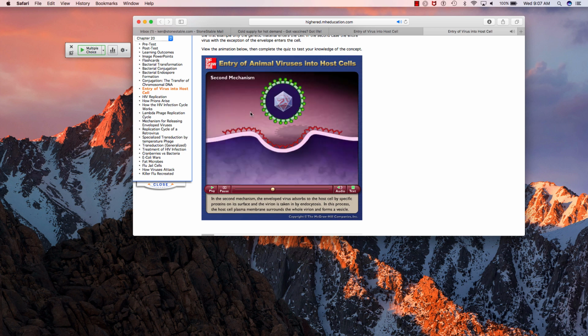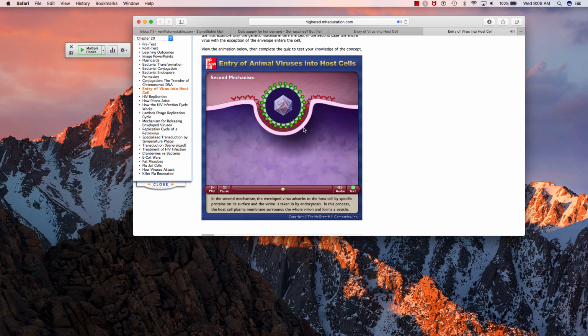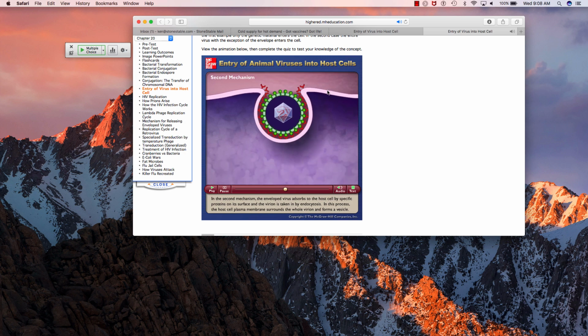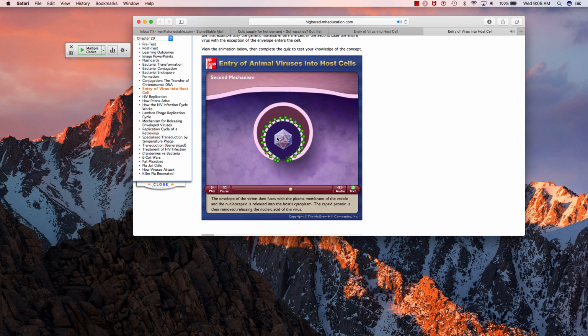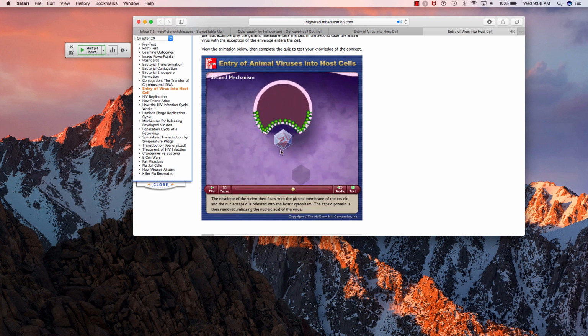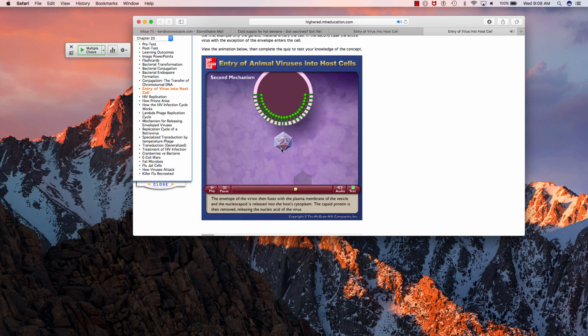You can also have, and again, this is probably the most common mechanism, binding to the receptor, and then this whole virion gets taken up inside the cell by endocytosis. And then once it's inside the vesicle, you have membrane fusion that takes place.